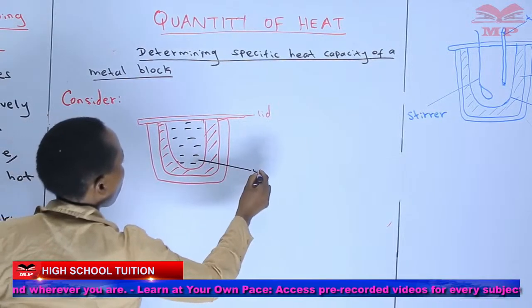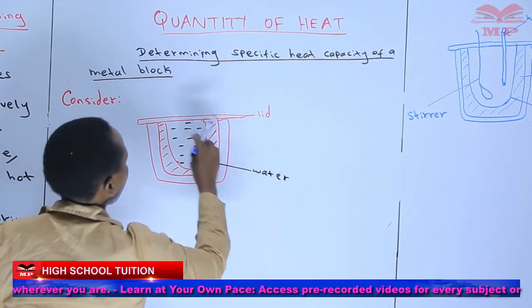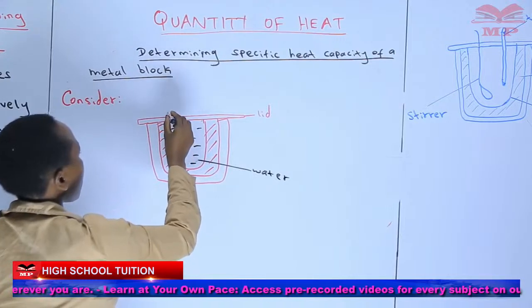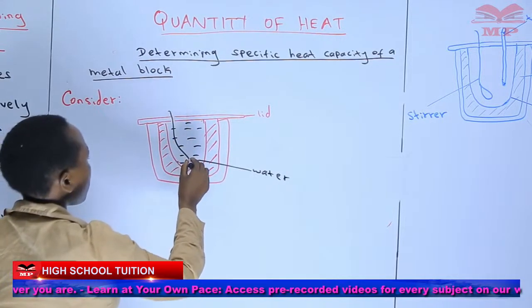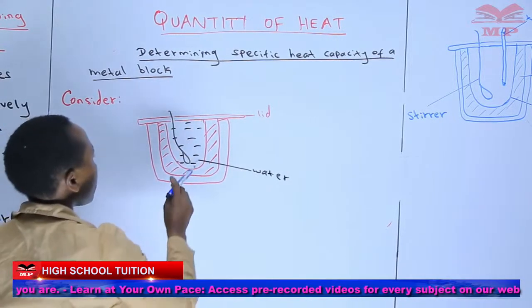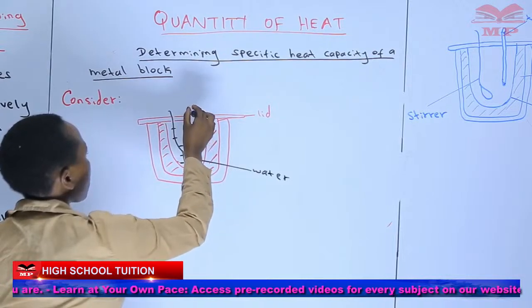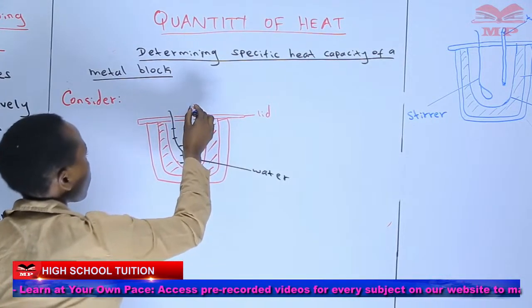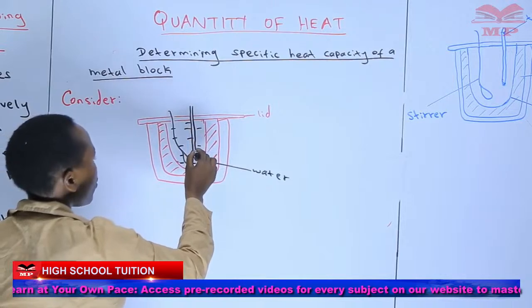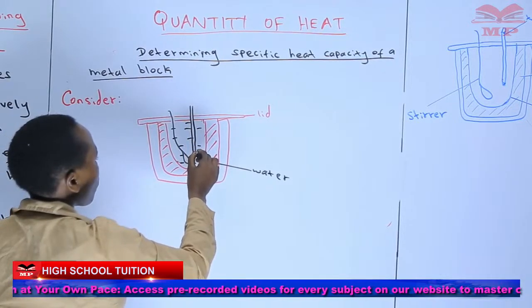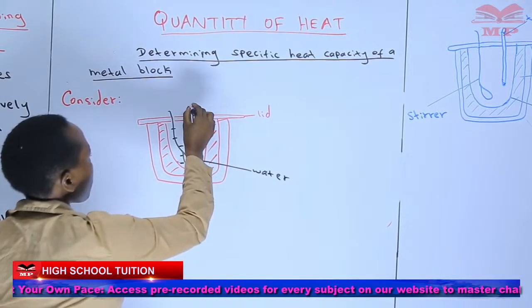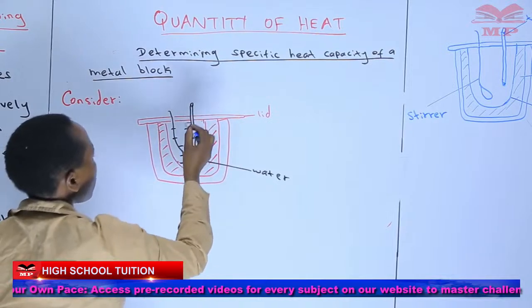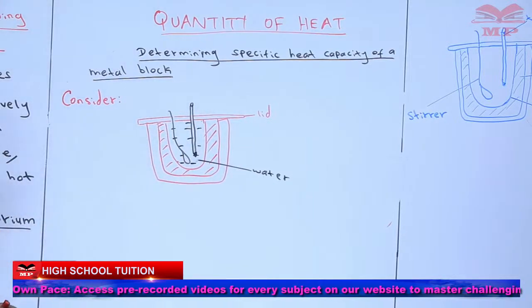Remember, we still have our stirrer here, which will now be used to stir the content. Again, we have our thermometer here. And in this experiment, we assume that the heat loss is negligible because we have tried as much as possible to minimize heat loss. So that is what we have.